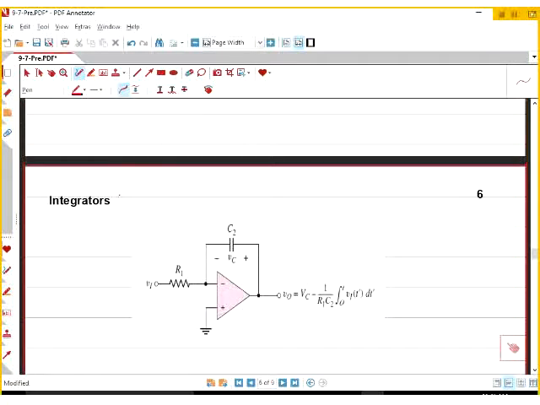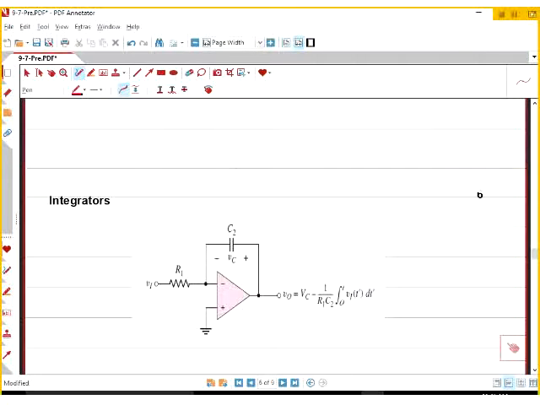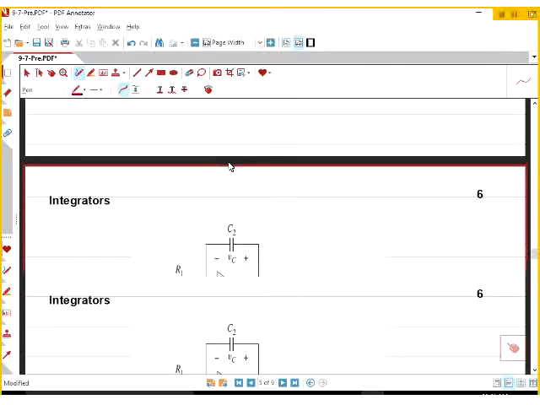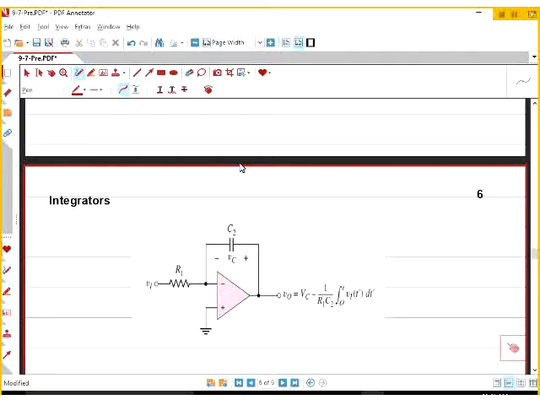Next topic is integrators. Part B of your first project. So integrator, probably your math is very good.